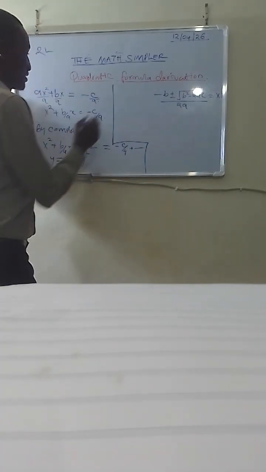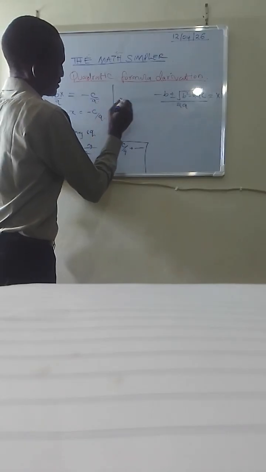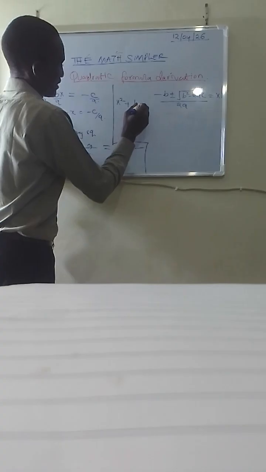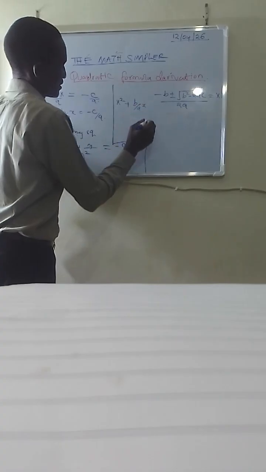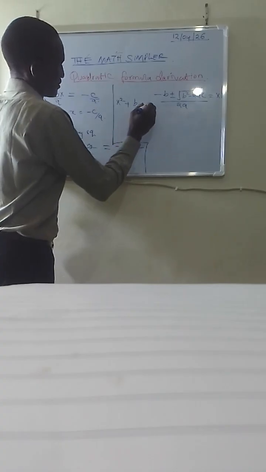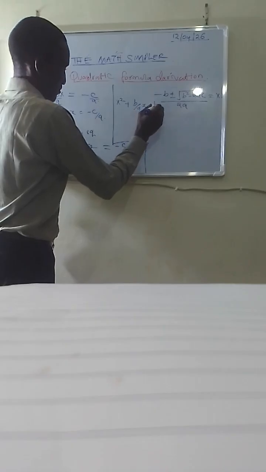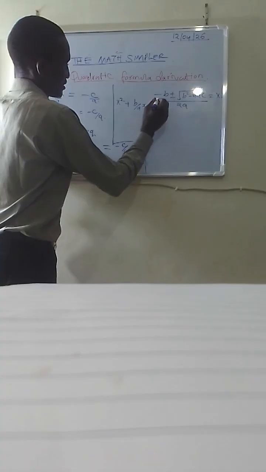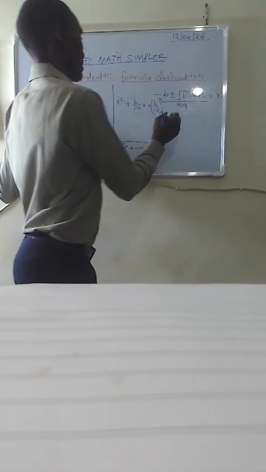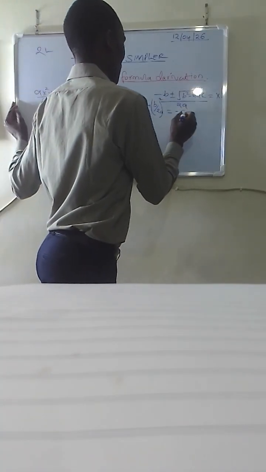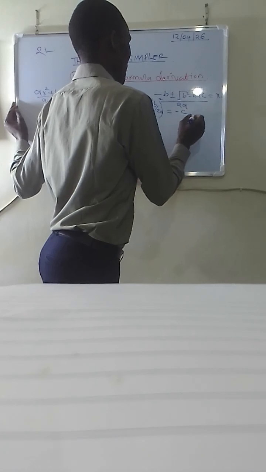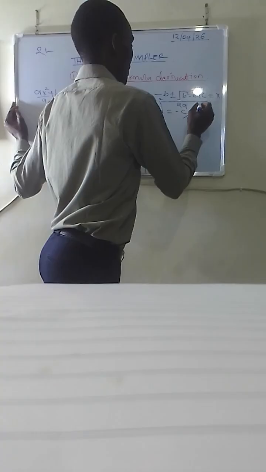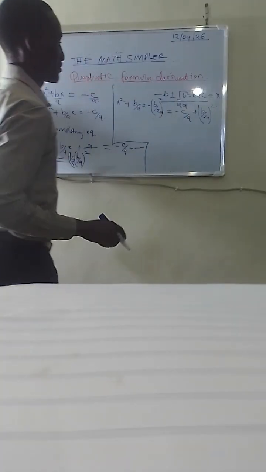We'll have x squared plus b over a x plus b over 2a squared equals negative c over a plus b over 2a, all this squared.